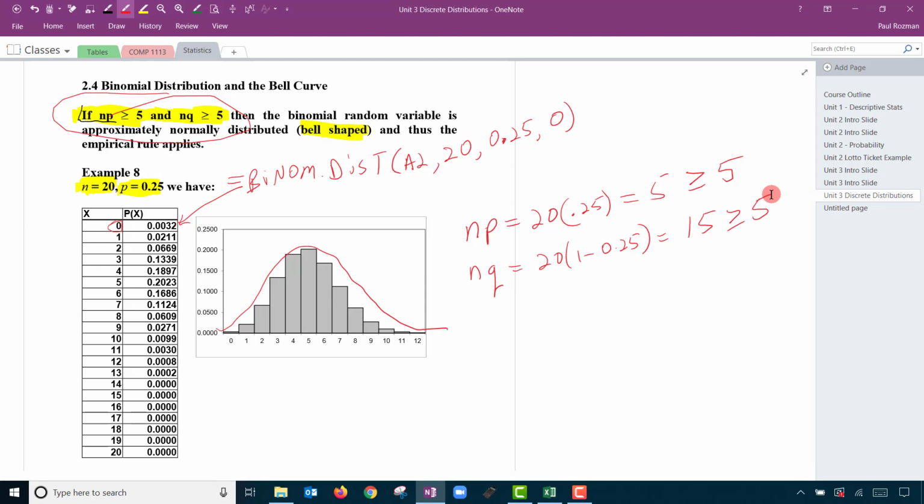In fact, this was a really close call. We ended up equaling 5, and it still looks pretty good. So you can imagine that if we get this number further from 5, this one would come down, obviously, and we would get even more symmetry. But it still looks pretty good, even right on the border.